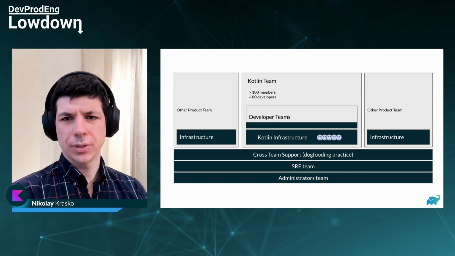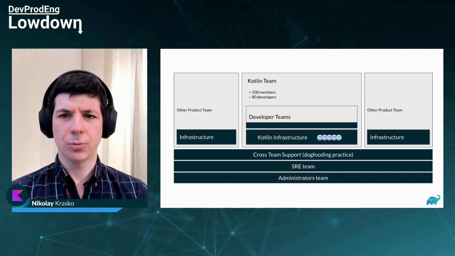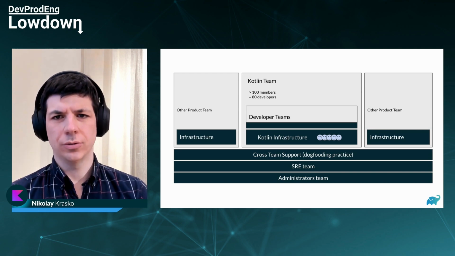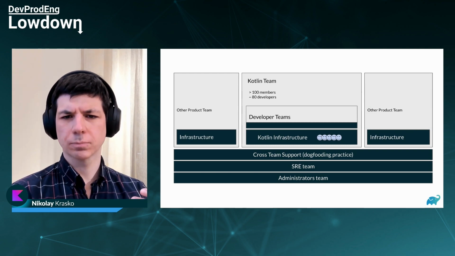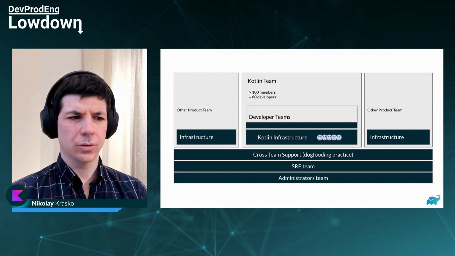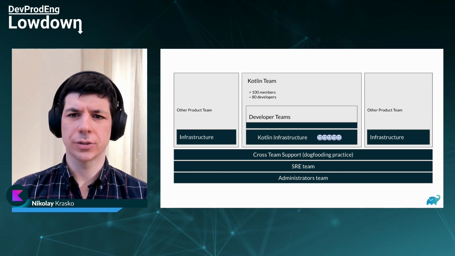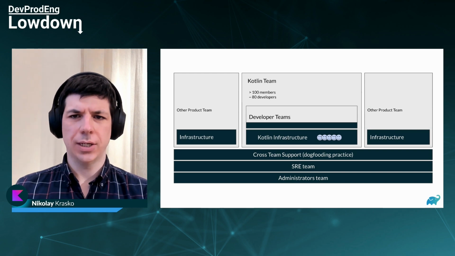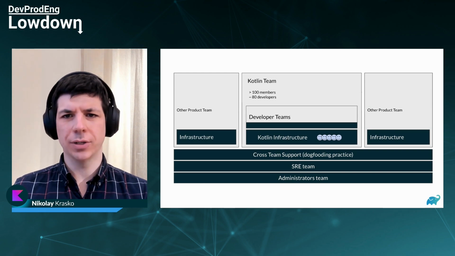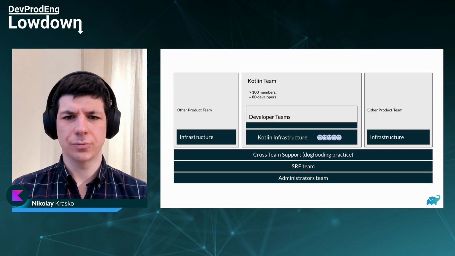For example, we have Gradle Enterprise, but we do not support it. We only use it for Kotlin. And this dogfooding thing is also involved in this infrastructure for Kotlin and for other teams, because we support each other if there are problems with our own software.